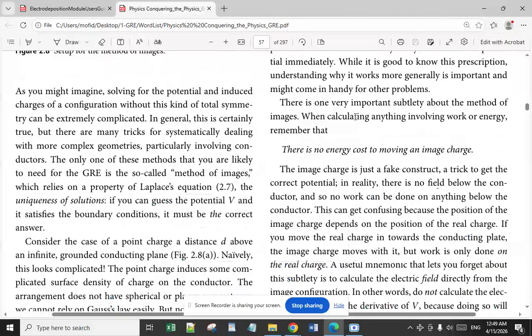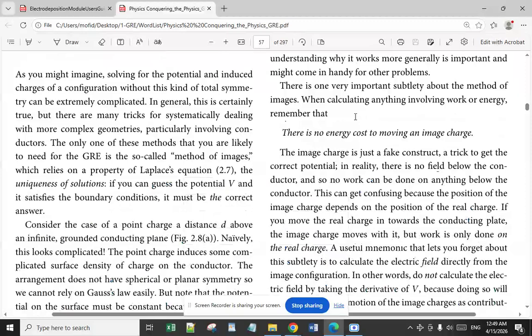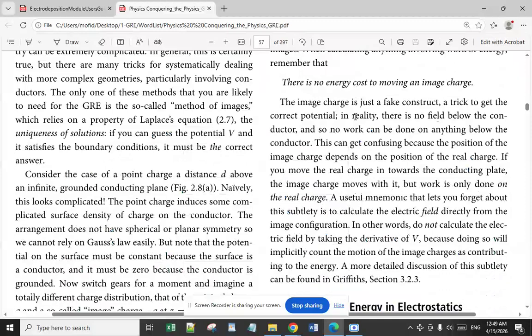There is one very important subtlety about the method of images when calculating anything involving work or energy. Remember that there is no energy cost to moving an image charge. The image charge is just a fake construct, a trick to get the correct potential.